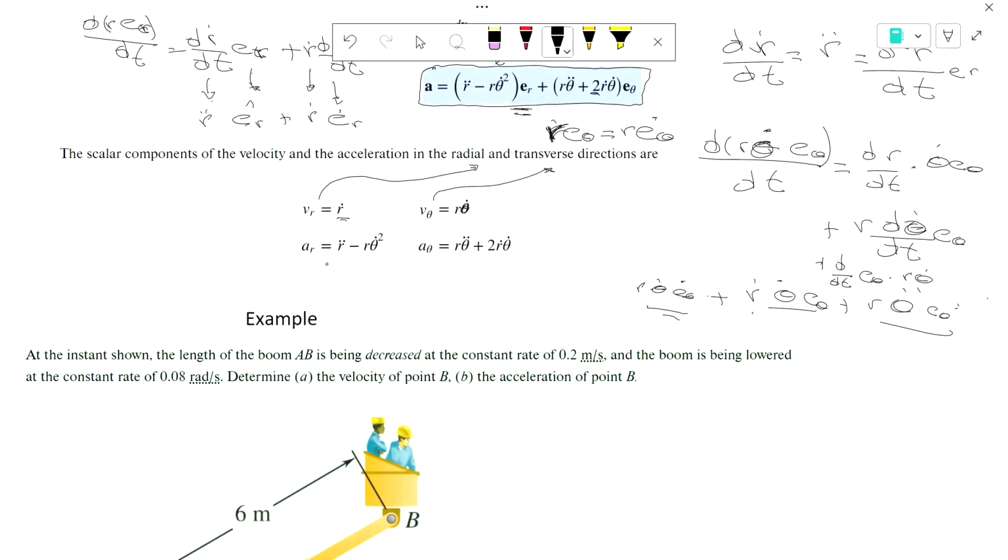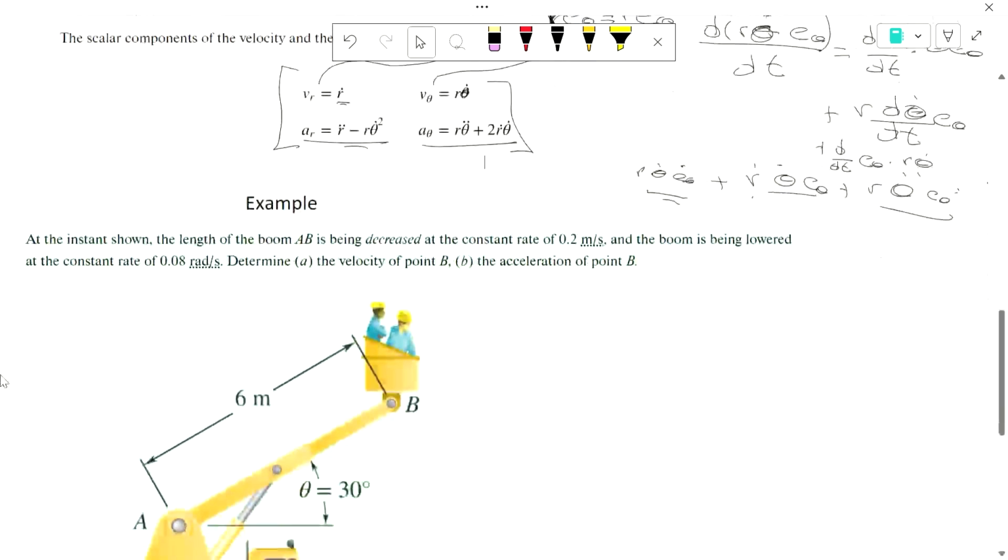And from the acceleration point of view, we already did that part. In the radial direction it is r dot dot minus r times theta dot squared, and in the transversal direction it is r theta dot dot plus 2 r dot theta dot. So remember that.